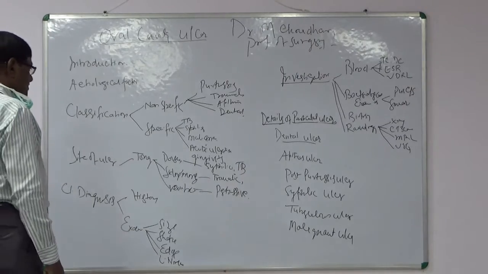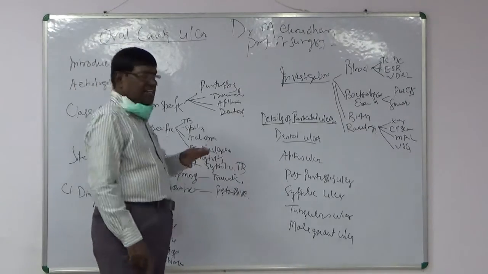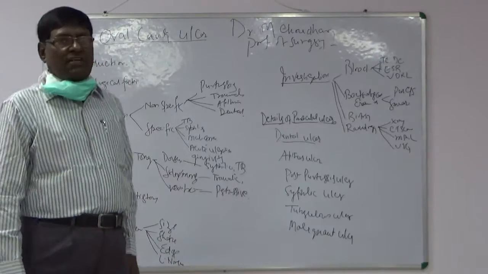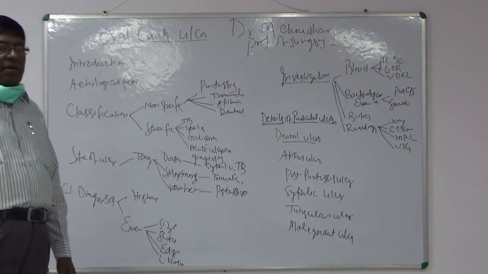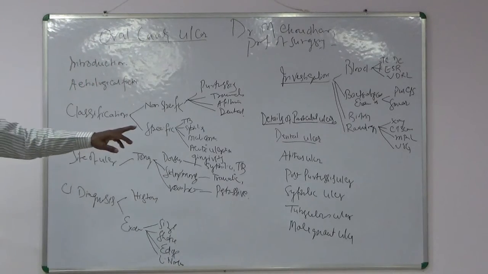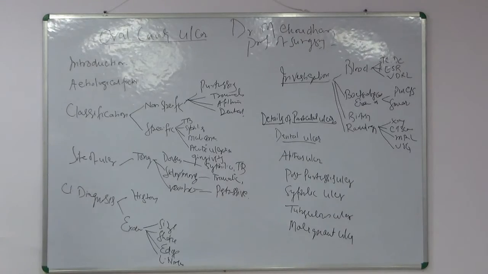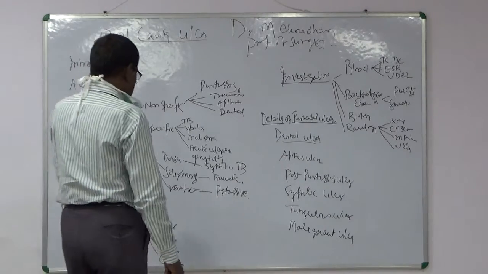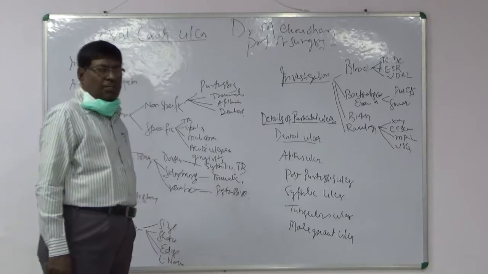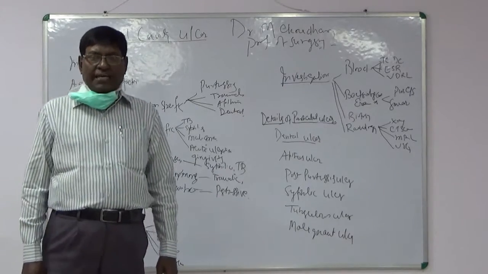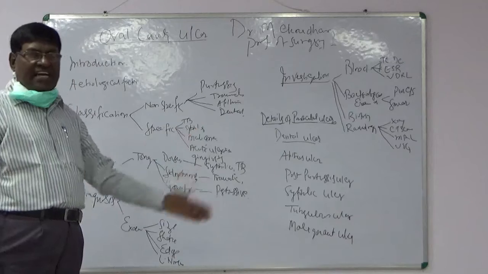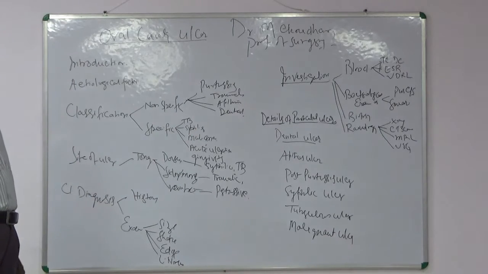On the dorsum of the tongue, as I already mentioned, syphilitic ulcer and tuberculous ulcer are very common, because in the secondary stage of syphilis the snail track ulcer occurs on the dorsum of the tongue, and also tuberculosis, because tuberculous ulcer of the tongue is always secondary to pulmonary tuberculosis.